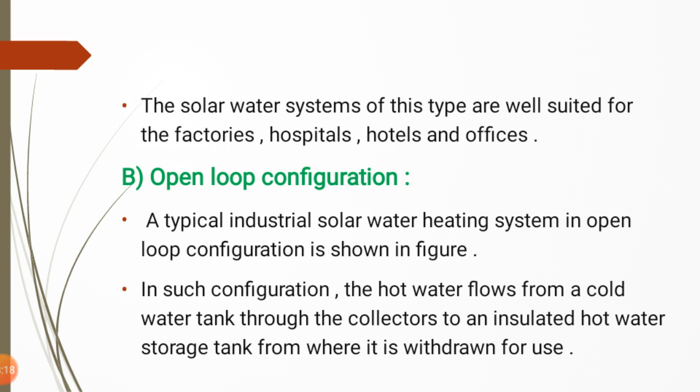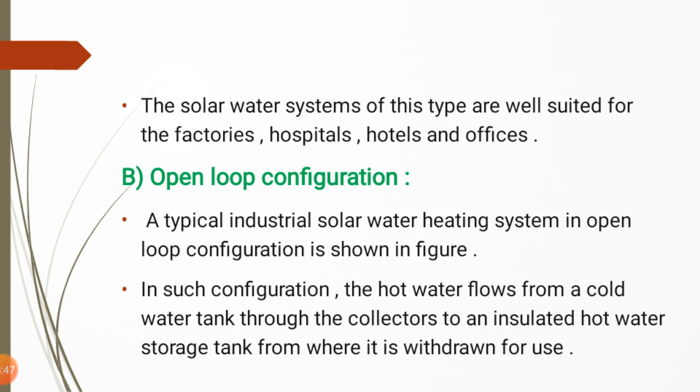Industrial hot water systems are generally used for factories, so it is also called a forced hot water system, as the name indicates. It is used for factories, hospitals, hotels and offices to obtain hot water in a large amount. So this is all about the closed loop configuration.